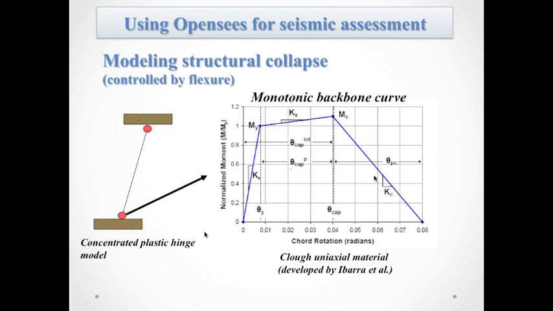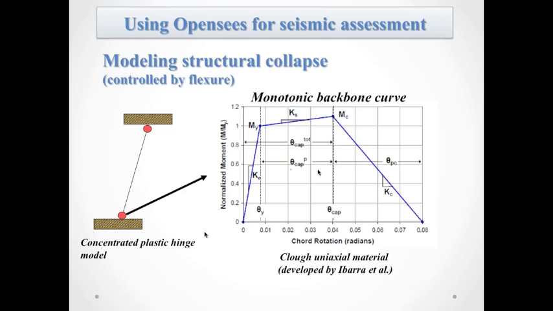So the first challenge was the simulation and modeling of structural collapse. For the cases where collapse is controlled by flexure, as I said before, we used the concentrated plastic hinge model, and we used the Clough uniaxial material for the behavior of the springs that are located at the end of the column members and the beam members.